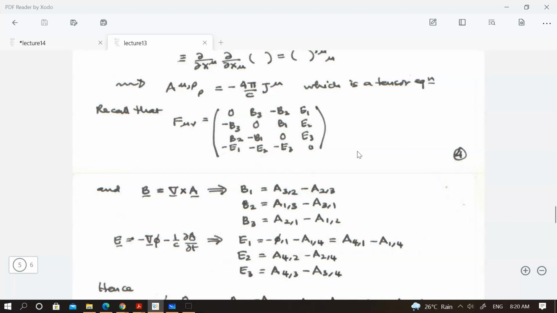So if you jumble up the convention that I mentioned earlier, about 1, 2, 3 being spatial and the 4th being the temporal index, this might look different. This whole field strength tensor will look different when you use a different convention.